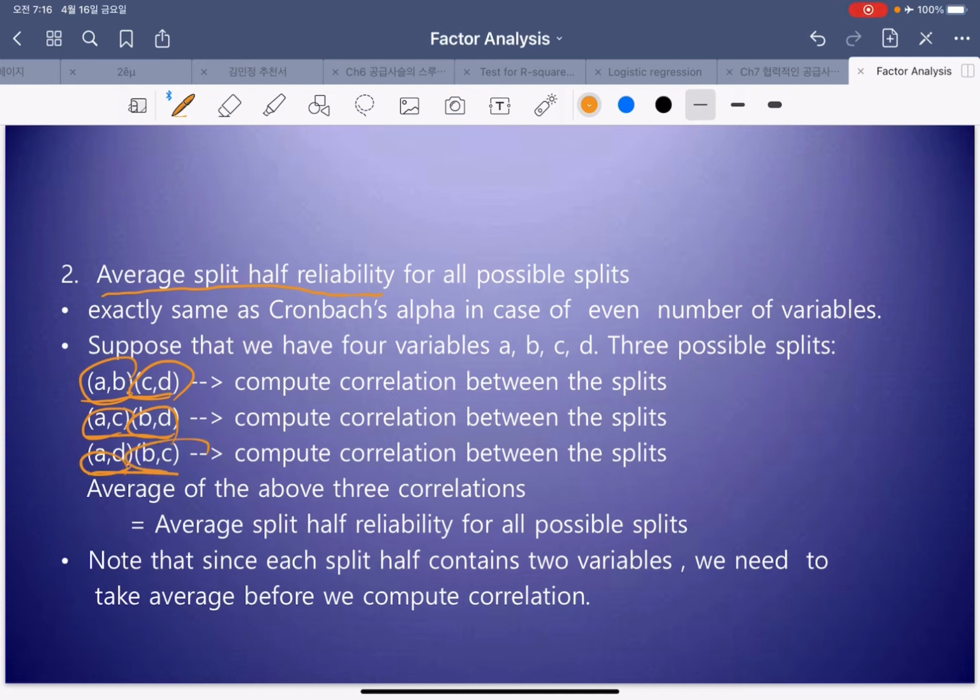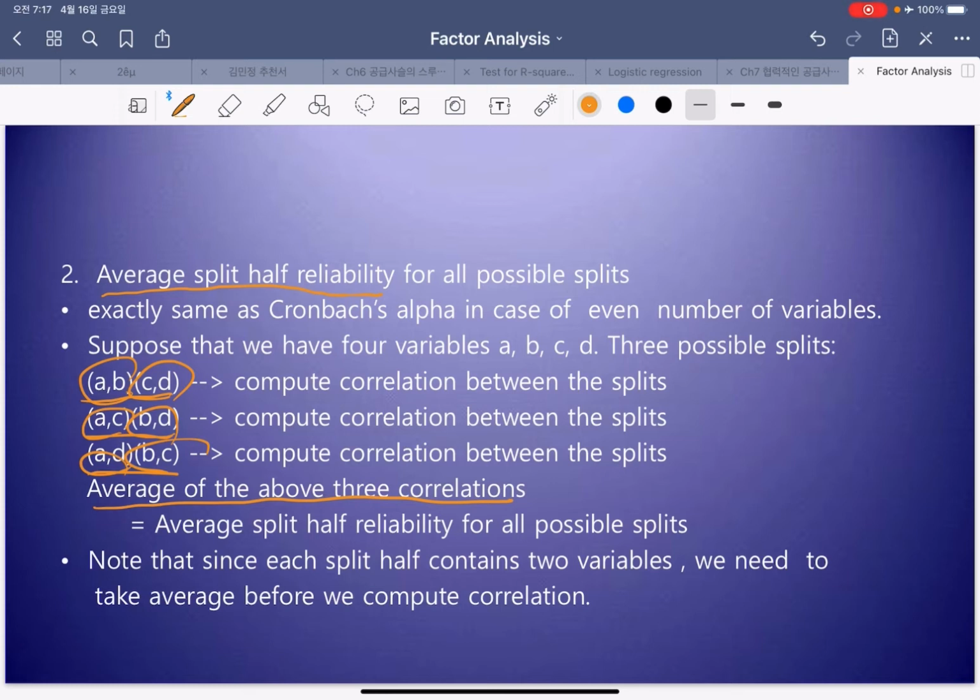And once you get the correlation, you take the average, right? That's the average split half reliability. Basically, this one is the average correlation. So Cronbach's alpha is kind of an average correlation.